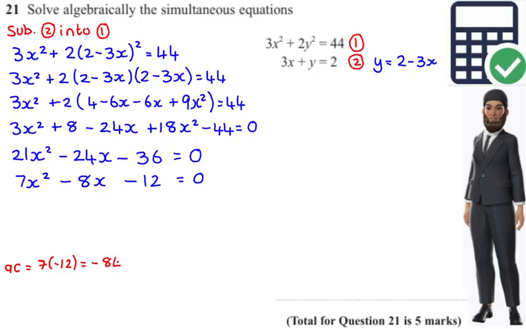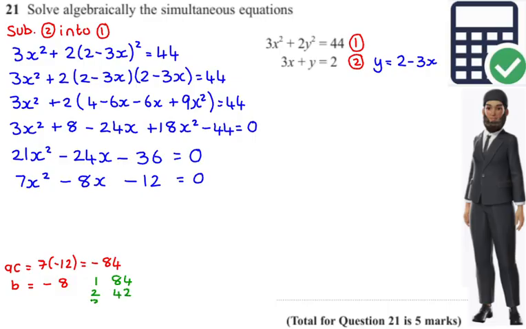So we need two numbers that multiply to give us minus 84, but they must combine to give us minus 8. So let's start listing the factors then. What could they possibly be? That could be 1 and 84. It could be 2 and 42.